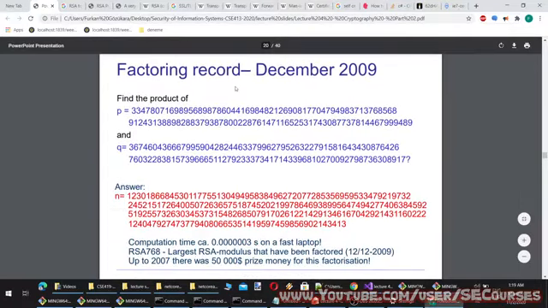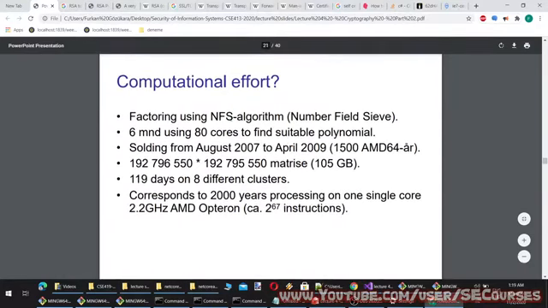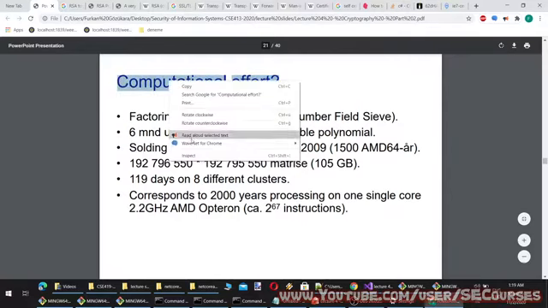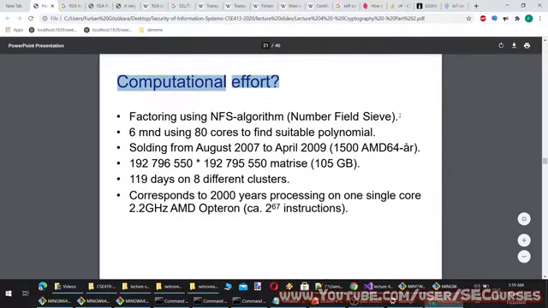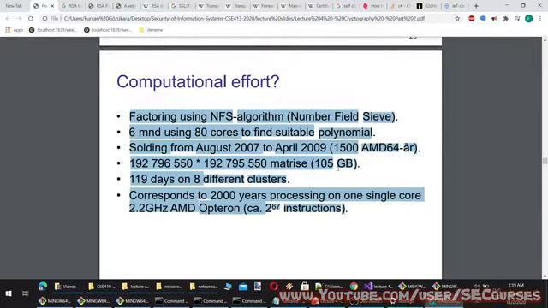There are factoring records. Computational effort? Factoring using the NFS algorithm, number field sieve. Six months using 80 cores to find a suitable polynomial.